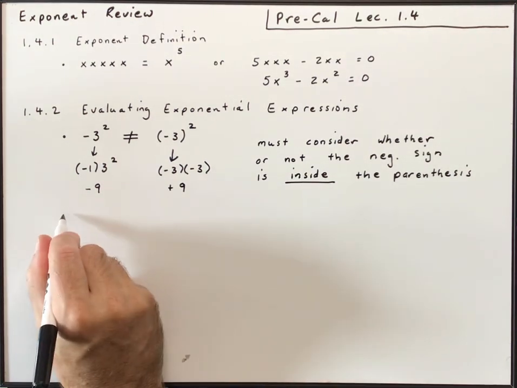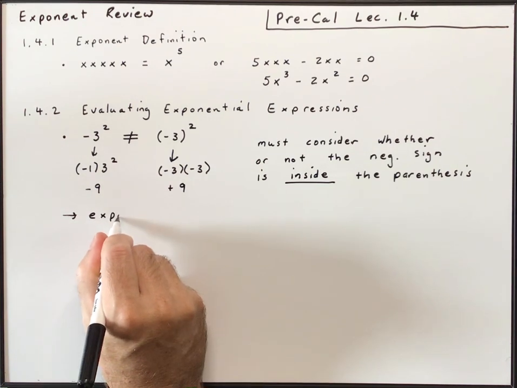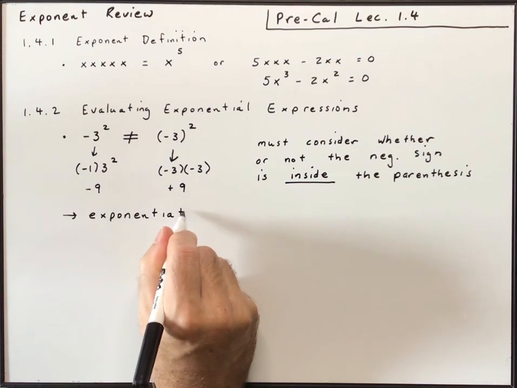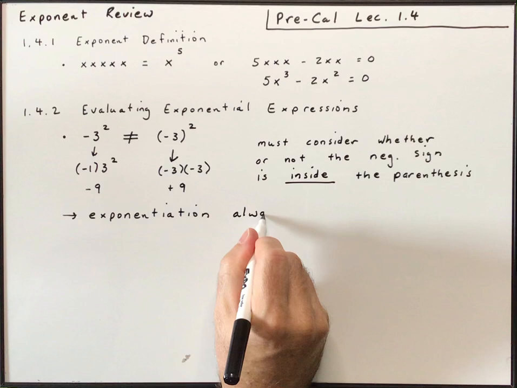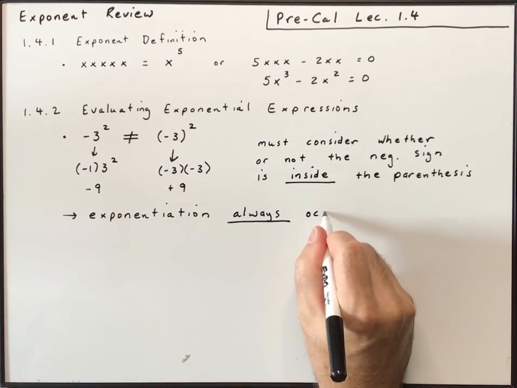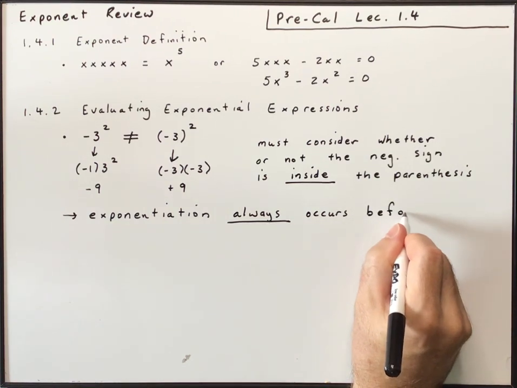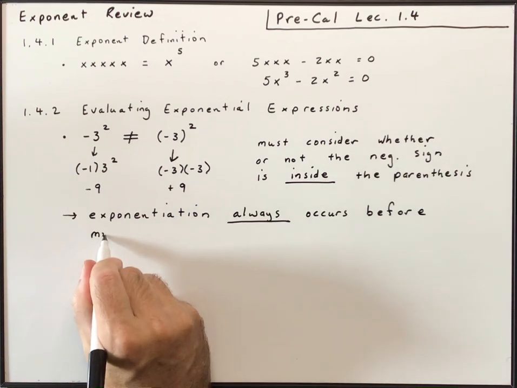Okay, so exponentiation always occurs before multiplication.